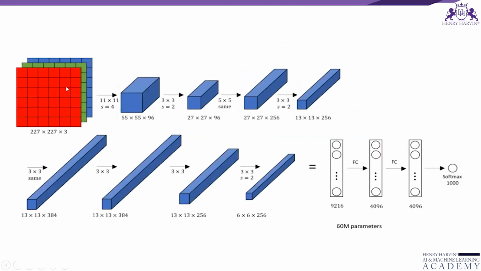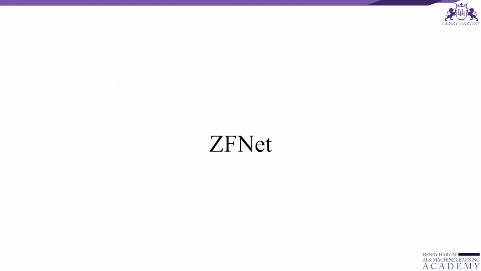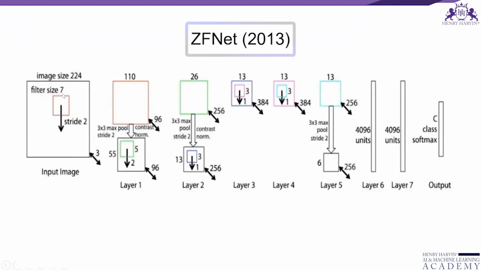If you look at AlexNet, it has used 11x11 filters, but this is using only 7x7 filters. The intuition behind this is that by using bigger filters, we were losing a lot of pixel information, which we can retain by having smaller filter sizes in the earlier convolution layers. So the number of filters increases as we go deeper.